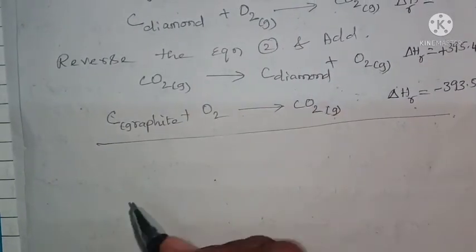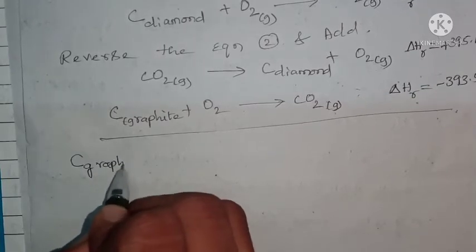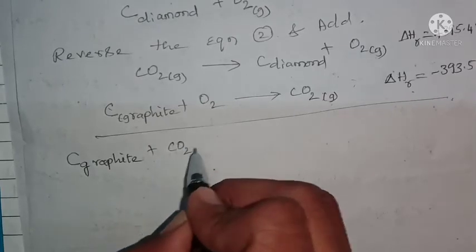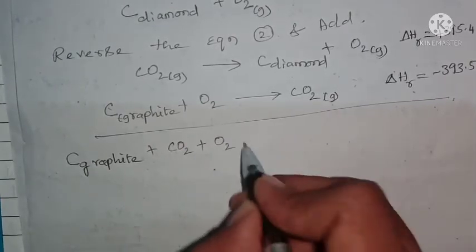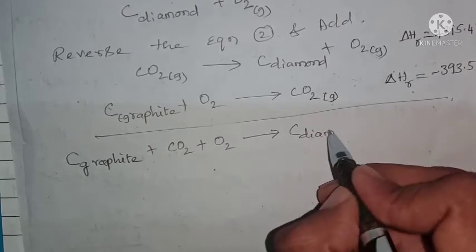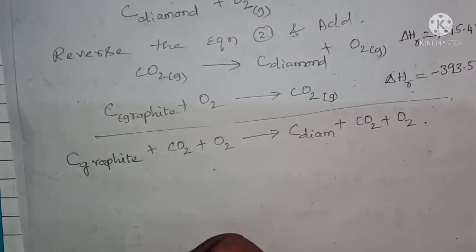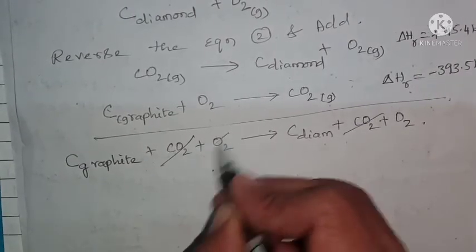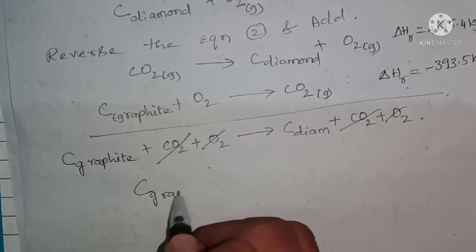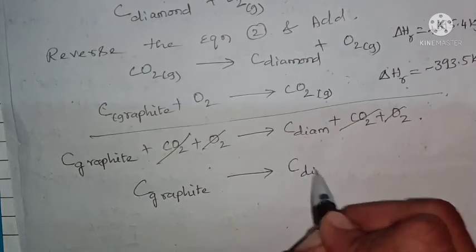So on addition, C graphite plus CO2 plus O2 gives C diamond plus CO2 plus O2. CO2 and O2 get cancelled, so I will get C graphite gives C diamond.